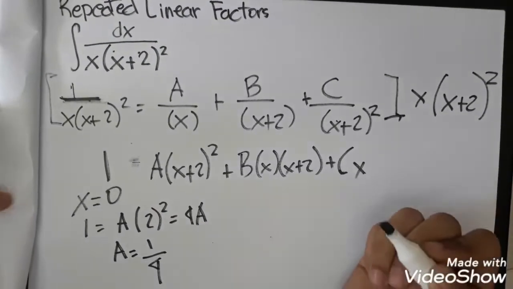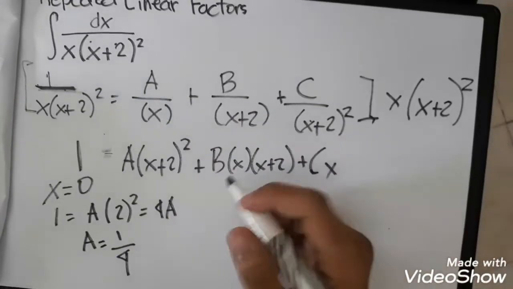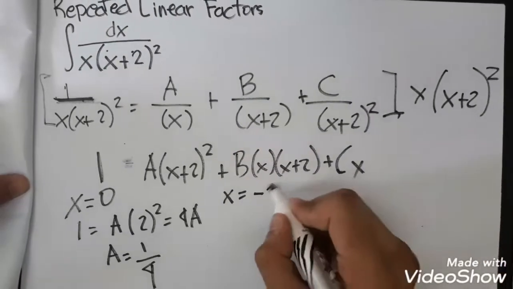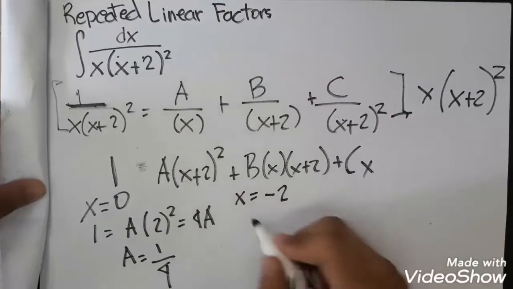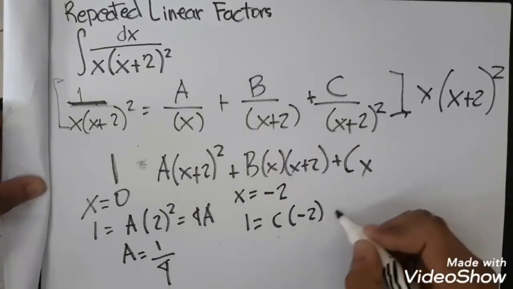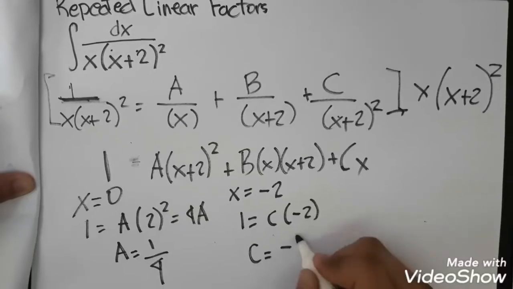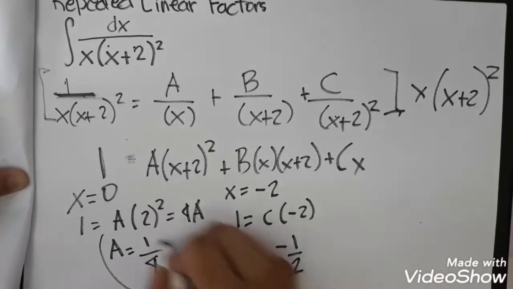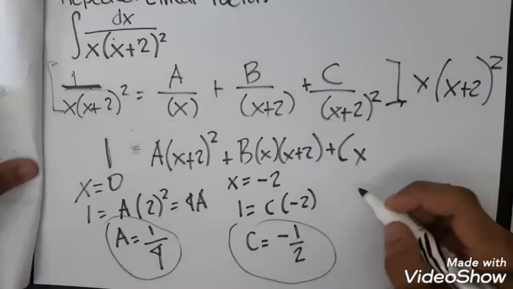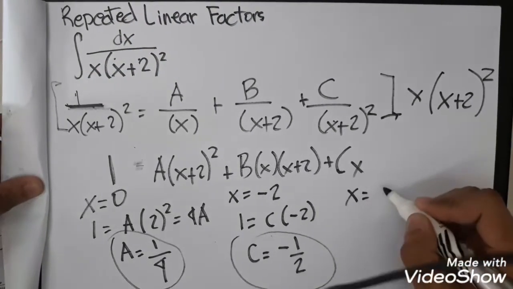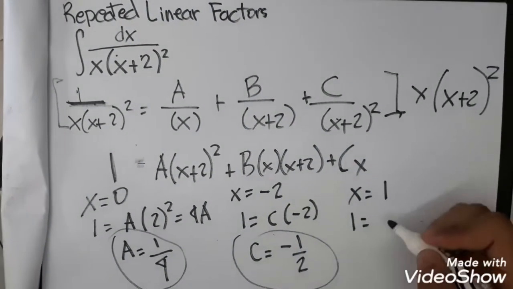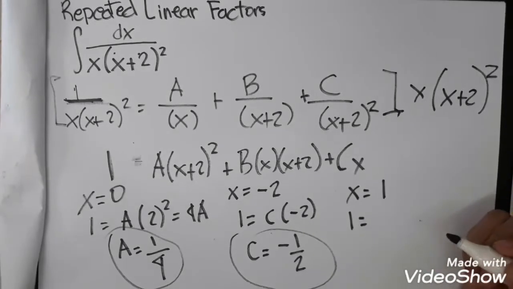We can get the value for a, which is 1/4. And then we'll substitute the other root, which is x equals -2. This will lead us to get the value of c, which is -1/2. And for the other root, x equals 1, this will lead us to the value for b, which is -1/4.